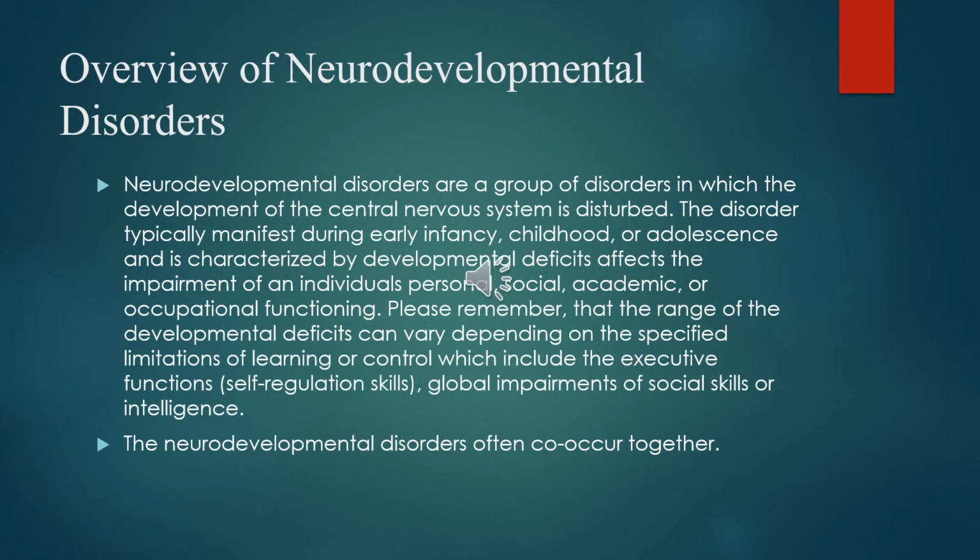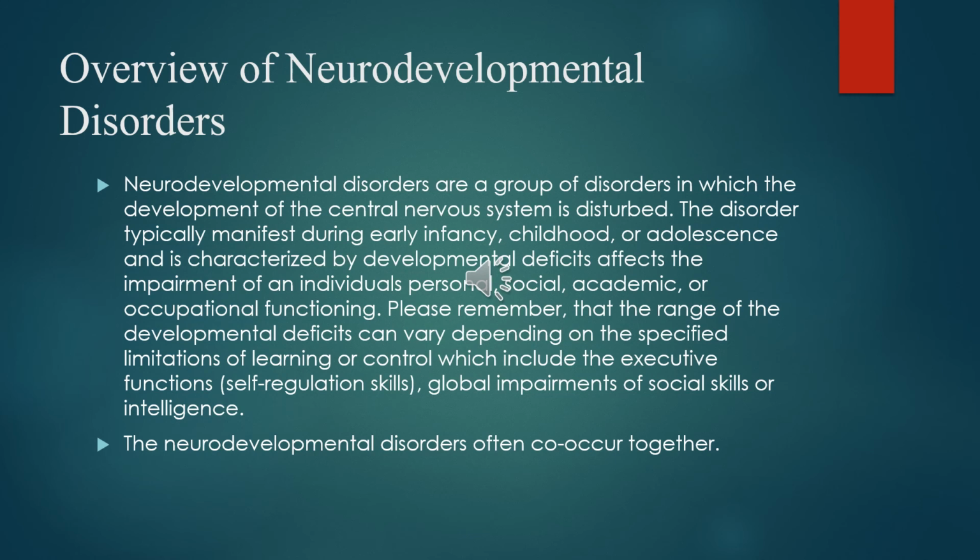Next, we'll look at the overview of the neurodevelopmental disorders. Neurodevelopmental disorders are a group of disorders in which the development of the central nervous system is disturbed. The disorder typically manifests during early infancy, childhood, or adolescence and is characterized by developmental deficits which affect the impairment of an individual's personal, social, academic, or occupational functioning.